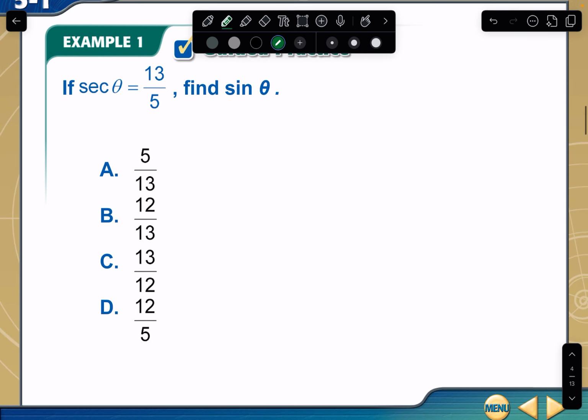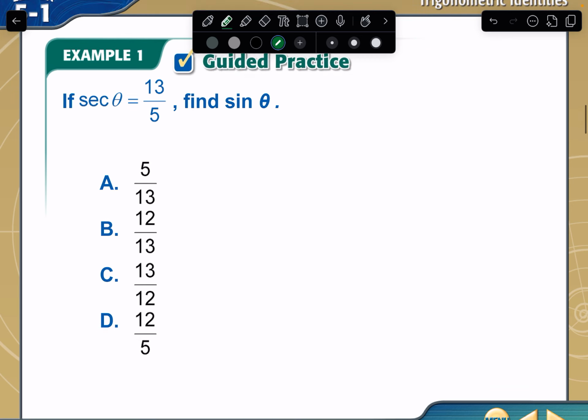All right, looking at this next one, if you want to attempt it, you are more than welcome to do so. You would have to find your missing side measure.